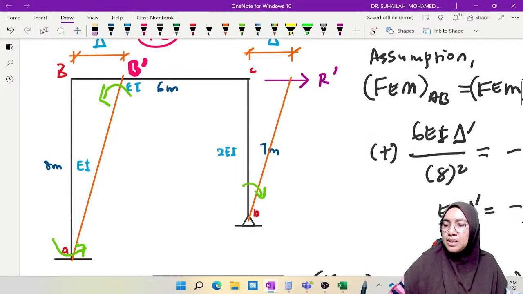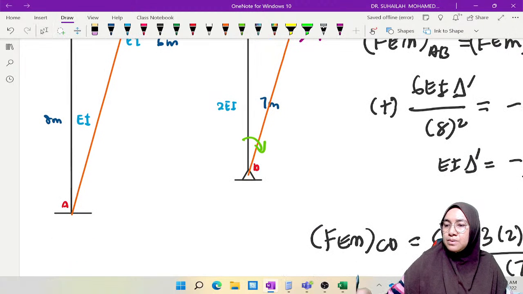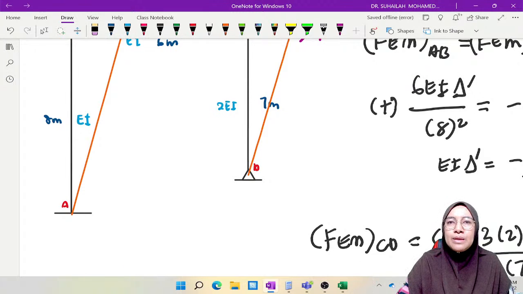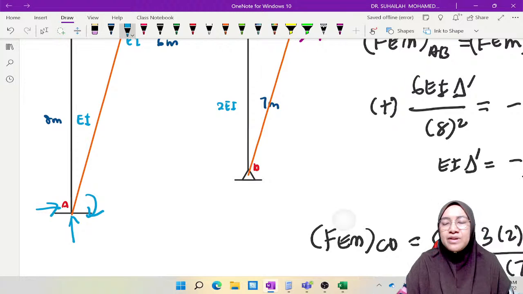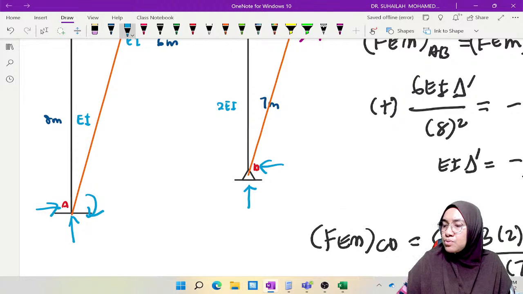So in this diagram, as we have done previously in the first diagram for table number 1, I will put the free body diagram, the reactions at support A and at support D. We have 1, 2, 3 at the fixed support and 1, 2 at the pin support.